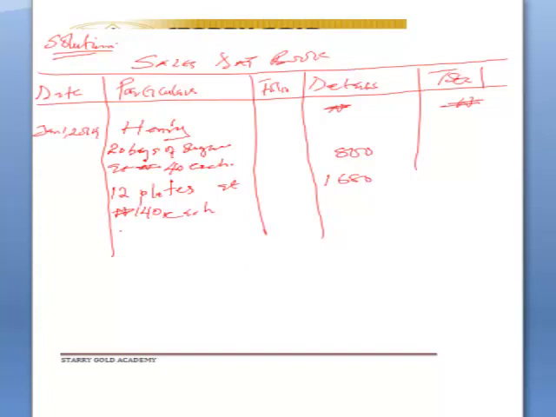So the total transaction of Henry is 2,480.